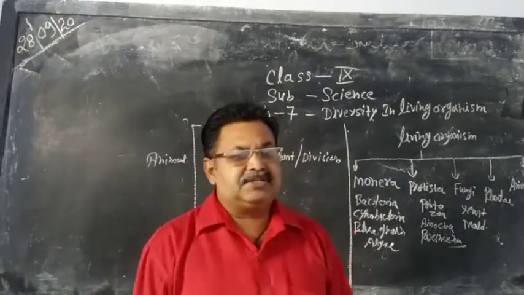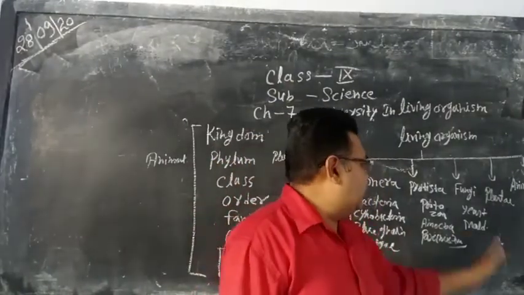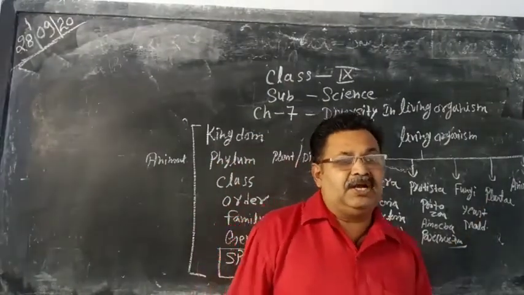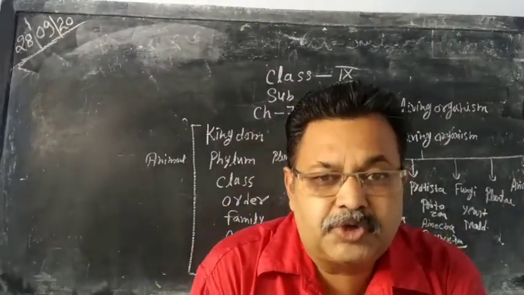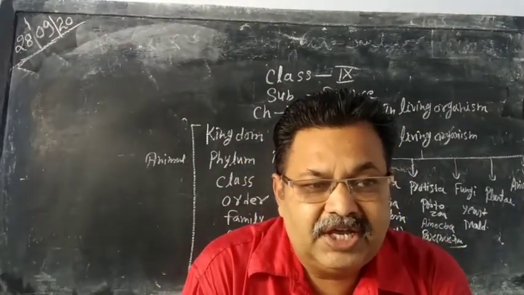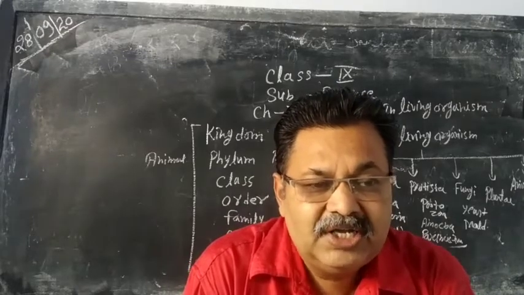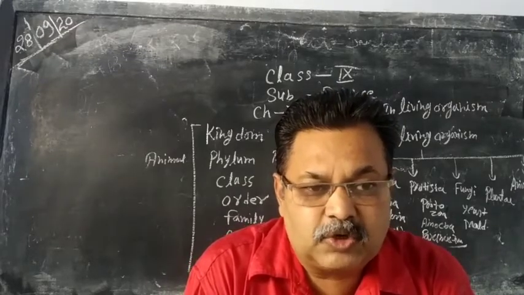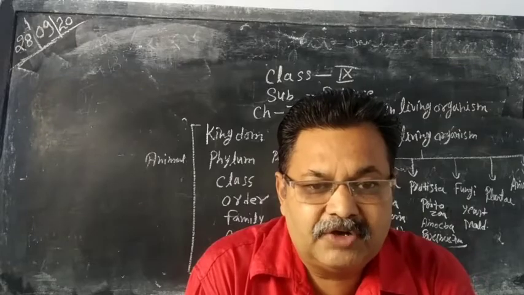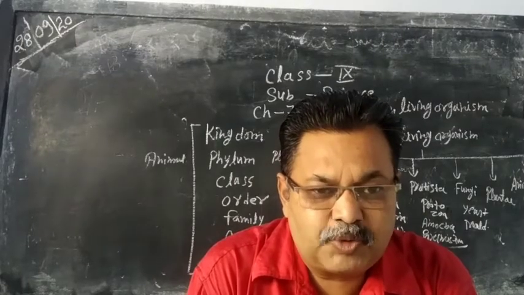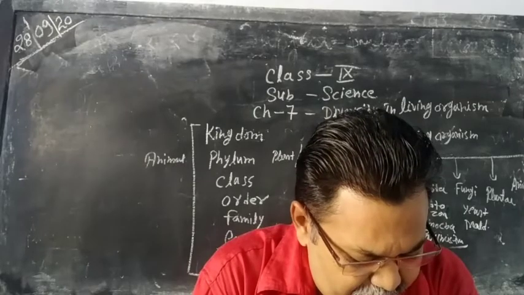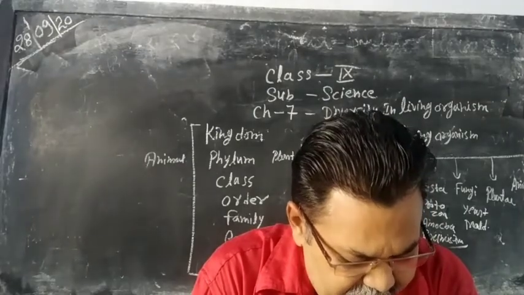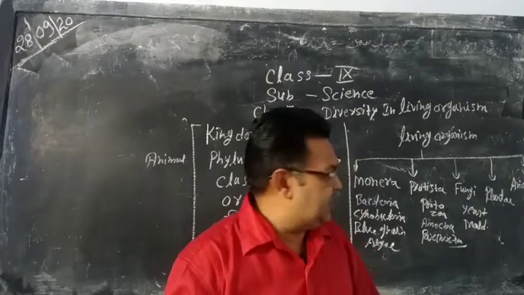Plantae has multicellular eukaryotic cells. Most of the plants have an autotrophic mode of nutrition. It means they have the green pigment chlorophyll, and with the help of chlorophyll, they make their own food by the process of photosynthesis. So this is the group of Plantae. Now another group is Animalia.